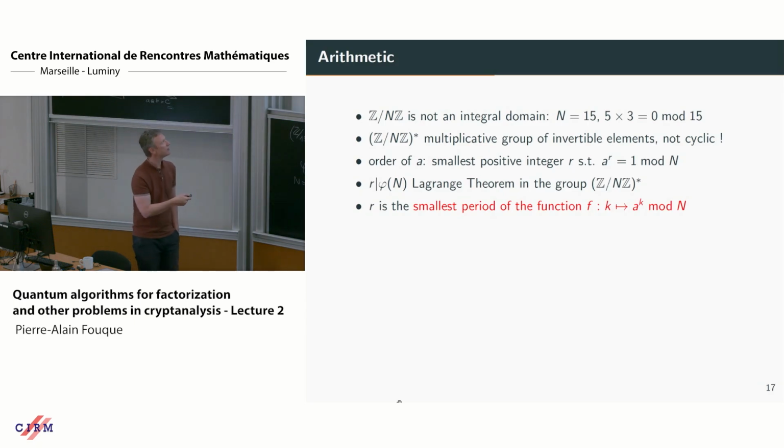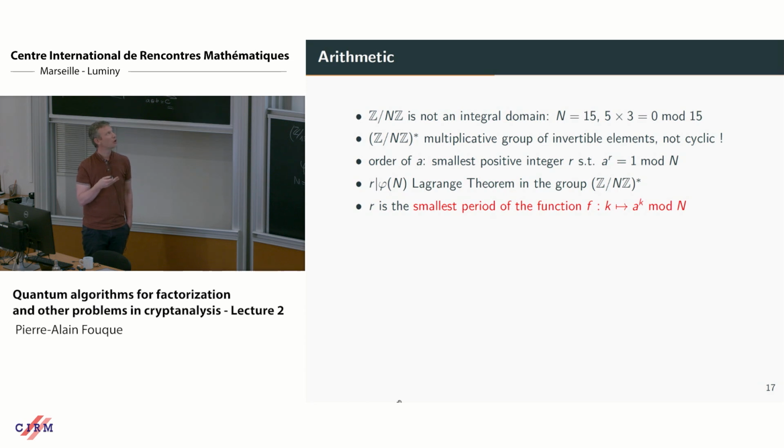We will be interested in this function. We will take a random element a and look at all the powers of a, and this defines a periodic function. Our goal is to find this period, because I will explain that as soon as you have found an even order for some element, you will be able, with high probability, to factorize.